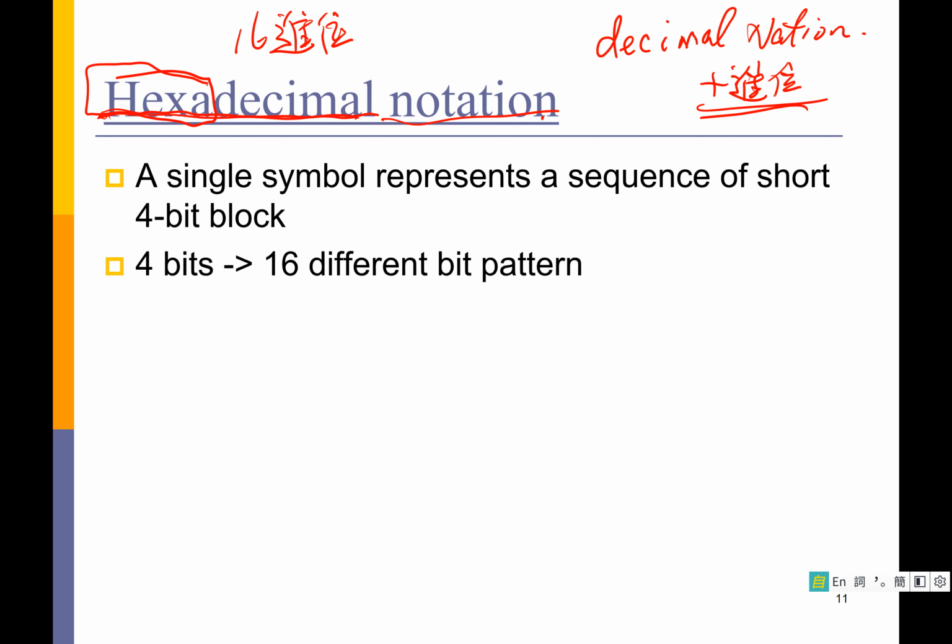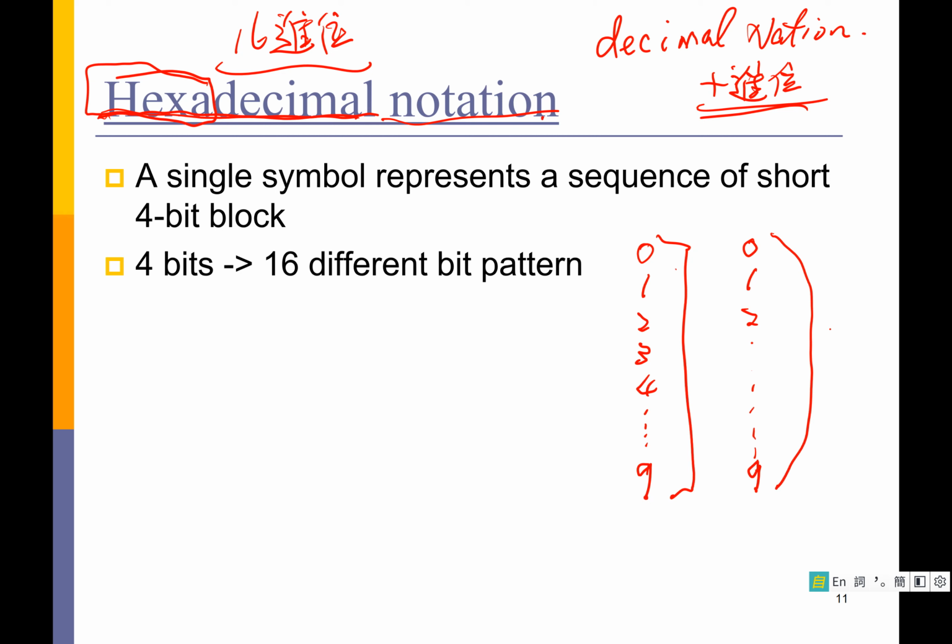Now, in decimal notation, you use 10 symbols or 10 digits, which are 0, 1, 2, 3, 4, 5, until 9. We have 10 digits. Hexadecimal notation also has 0, 1, 2, until 9. We have these 10 digits the same as decimal notation.